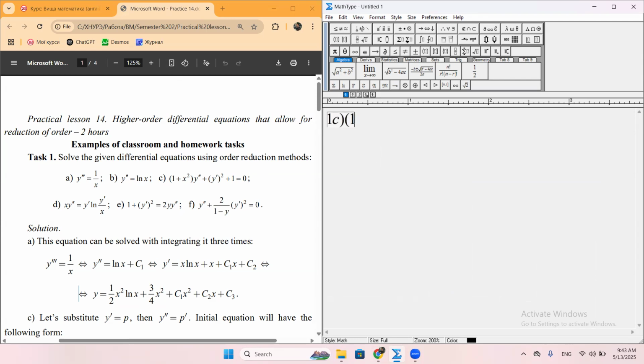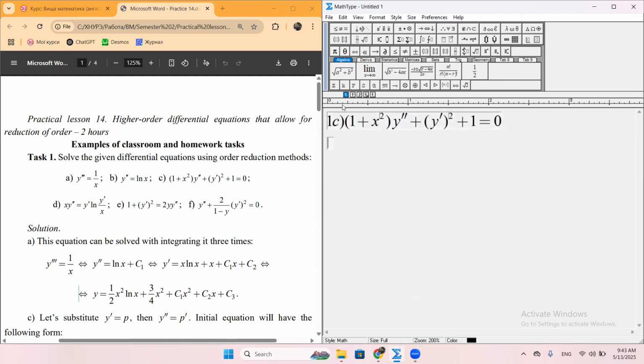First of all, writing down the equation: plus y prime square plus 1 equals 0.